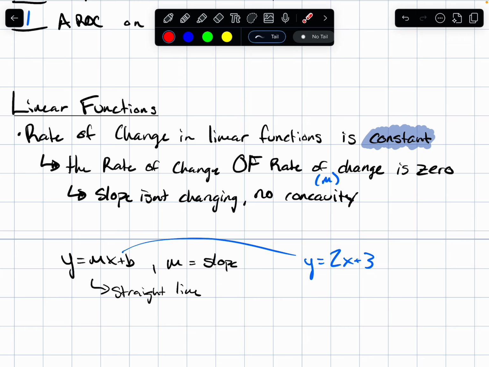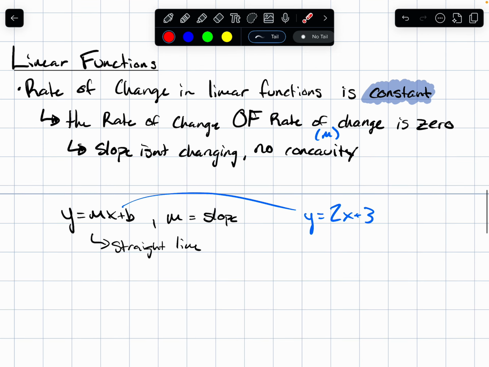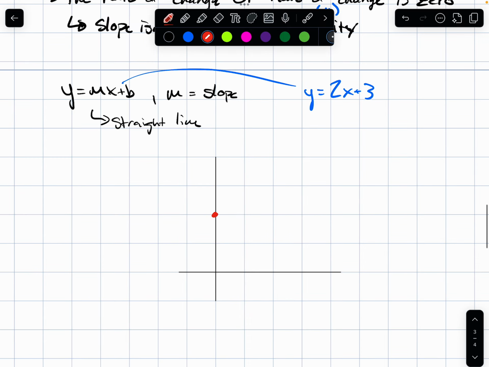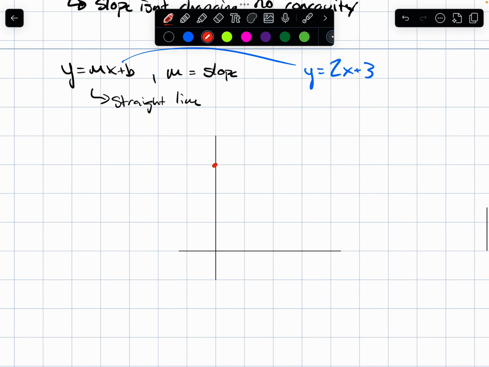So what we can conclude is that the slope isn't ever changing. There's no concavity, and it's just a straight line. So for example, this is a throwback to eons ago, but for 2x plus 3, we start up 3, and then our slope is 2.